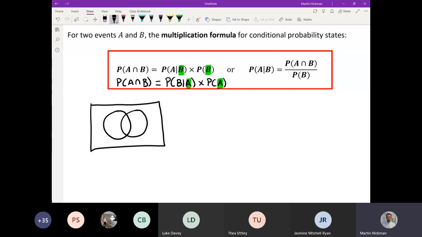So we have to be careful there. We can't just switch the A and the B around for the given that, but we can for the intersection. So just take care with the following questions, because it won't always be A and B. As we'll see, we're going to have C, D, L, W, all different kinds of letters as we go along. Probably not P, because that's probability.